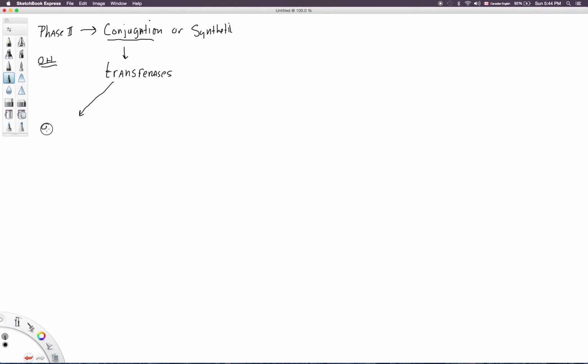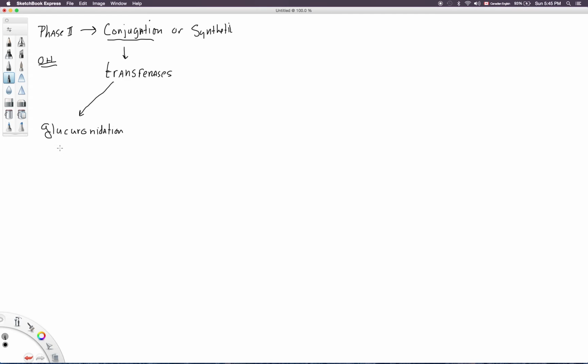So I'll just write that up here. All right, glucuronidation is the conjugation of a modified glucose molecule or dextrose molecule, and I'll talk about what exactly the modification is, because it's not like a D-glucose that you're used to dealing with.